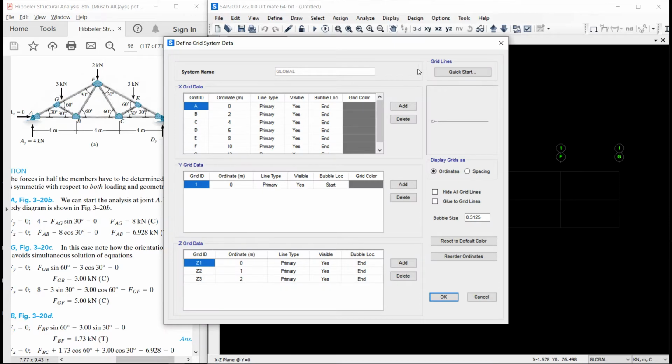Now let us edit the grid. In Y direction is okay, but in Z direction we know the first is 1.1547 and the second was 3.4641, I think.